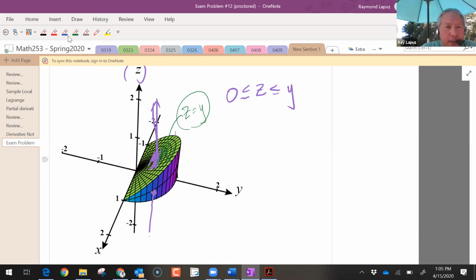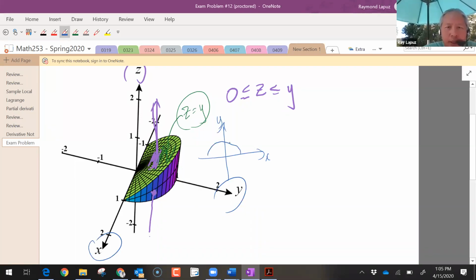And then from here, you look at what's left. If you draw the xy plane like an xy plane, then you have the semicircle. I think we agreed that this was a circle. Now you can decide what to integrate with respect to first, x or y. I think it'd be easier to integrate with respect to y first, so draw a line parallel to the y-axis. So y goes from 0 to this top part of the circle.